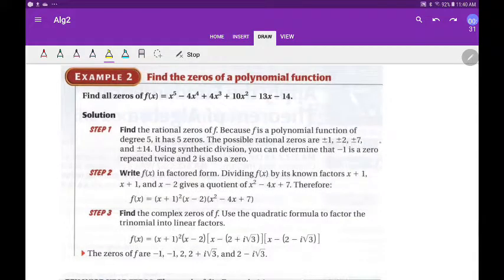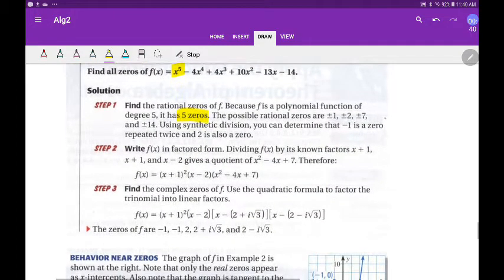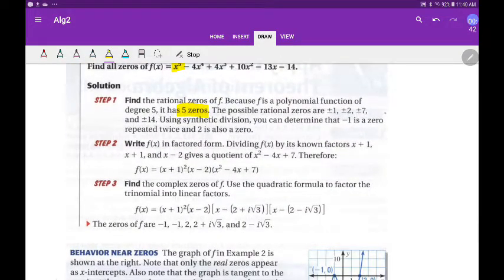So find all the zeros of this x to the 5th. So we know there's going to be 5 zeros. Okay? And it turns out that when we factor it out, we can see that this is a couple, and this is 1. And then we can't factor this other one.